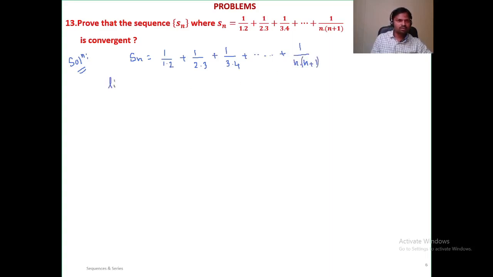Now same, what you have to do, you have to apply the limit as n tends to infinity to the nth term. Limit n tends to infinity of S_n. So limit n tends to infinity.